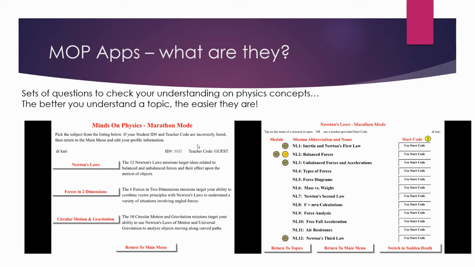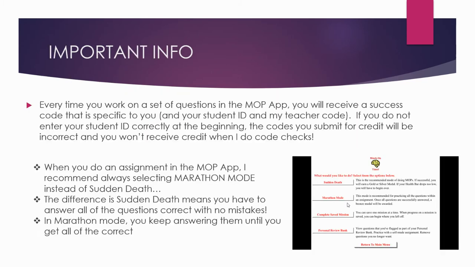But when you struggle with a question in the MOP app and you ask me about it, we can typically figure out what your thinking is and get it fixed, and then you can move on and get the questions right. Every time you work on them, you get these success codes. When you do an assignment in the MOP app, you start from this screen and it asks you what you would like to do.